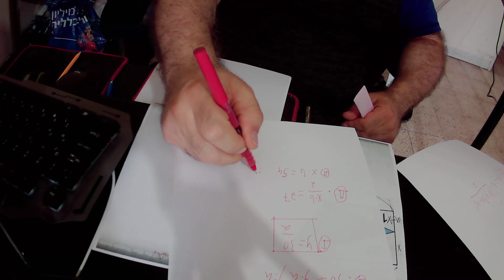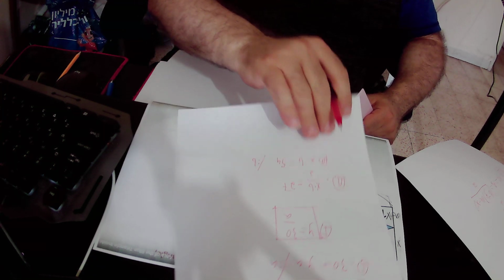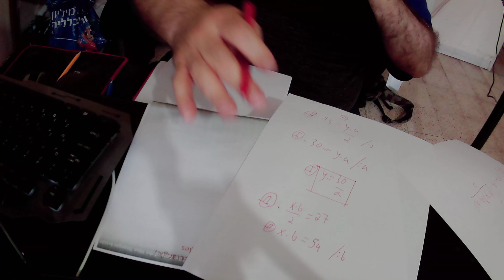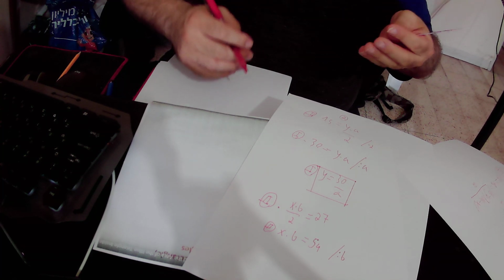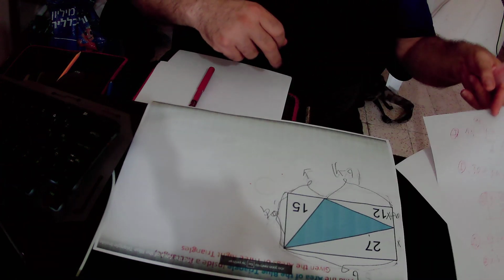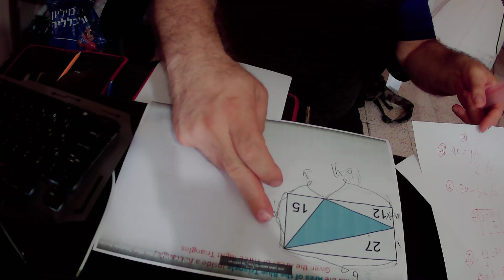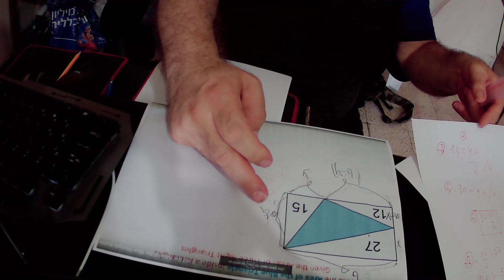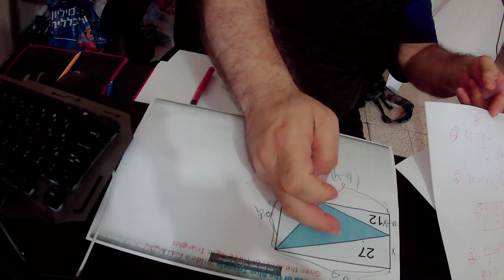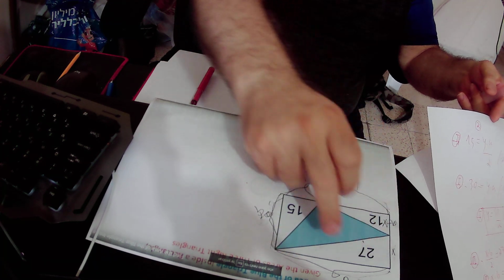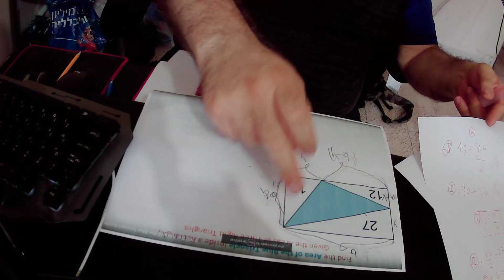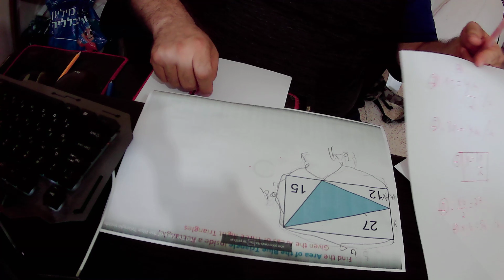Here we can divide both sides of the equation by b. It is x times b equals 54, so we can divide both sides by b, because b cannot be 0. B is the length of this rectangle, as you can see here, so it must be a positive number.